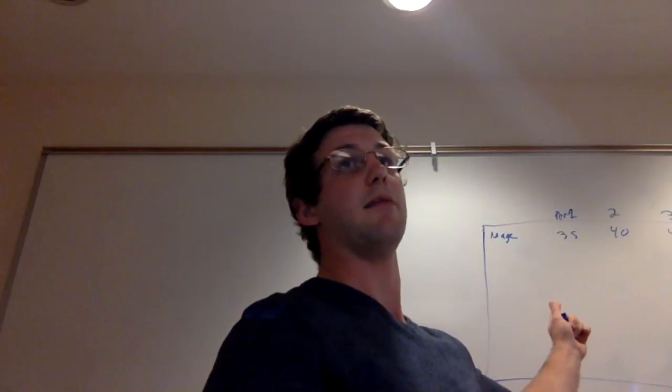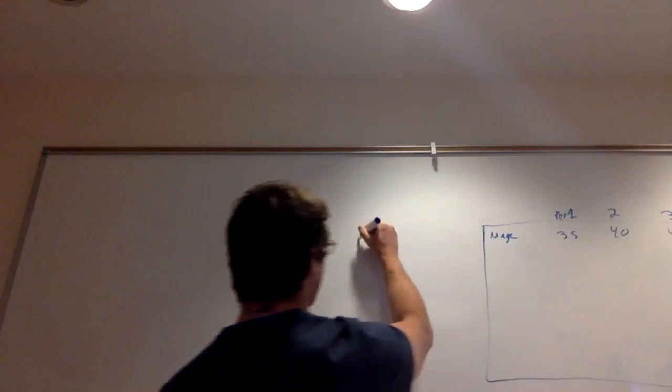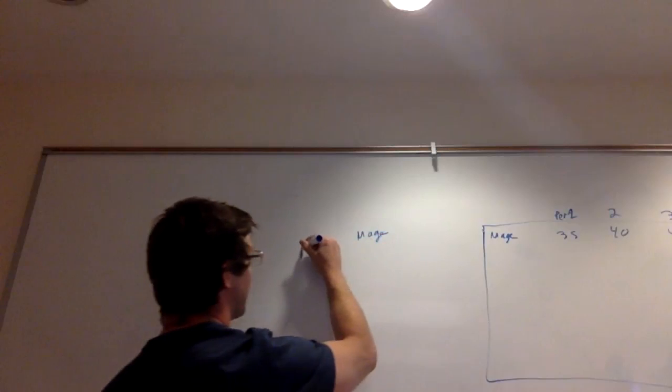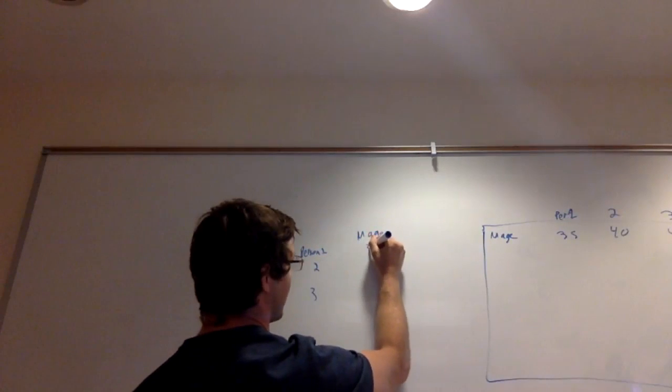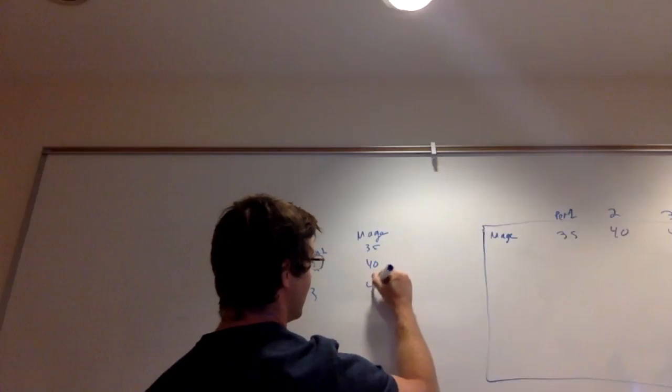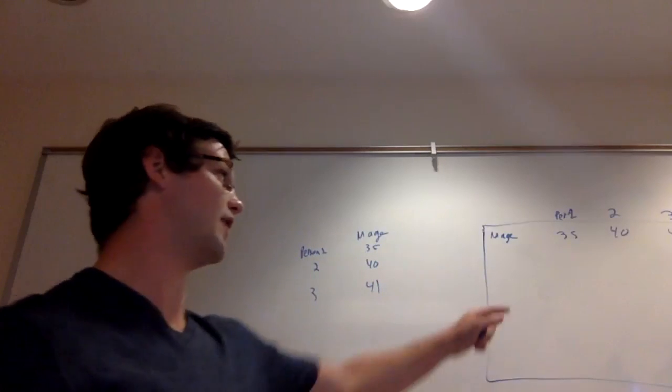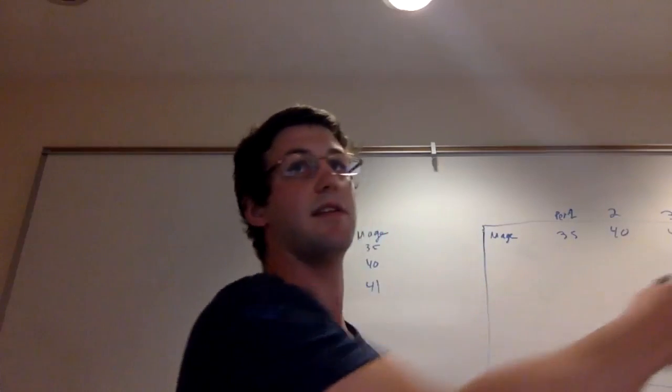This isn't tidy because what I really want is mage, and then person 1, 2, 3, 35, 40, 41, right? And so this is set up like my example of VCF here.